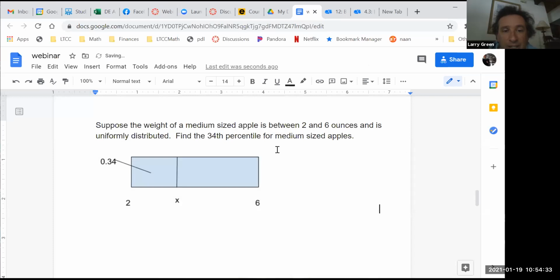Now that we have the picture, I can answer the question. So remember that the probability that x is between 2 and x, well, that's equal to 0.34. But that's also equal to the base times the height. Any questions on that?